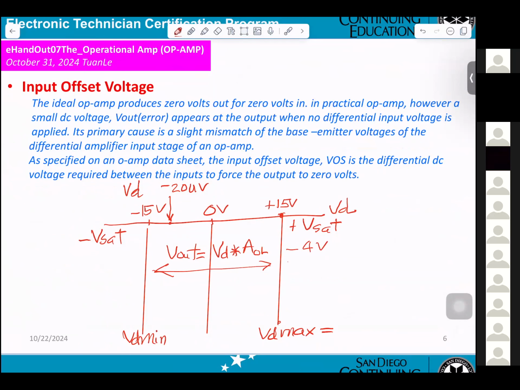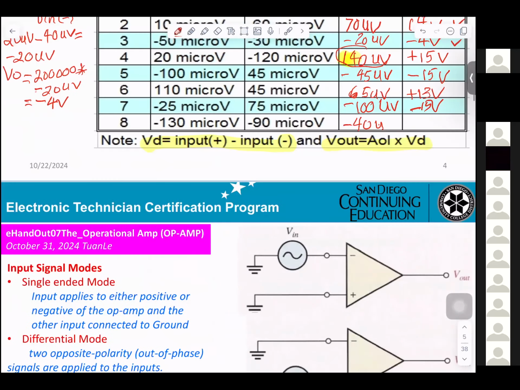However, that's what we're talking about: VD minus 20 microvolt.